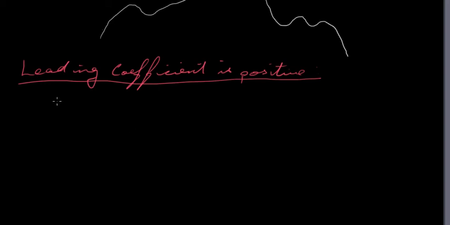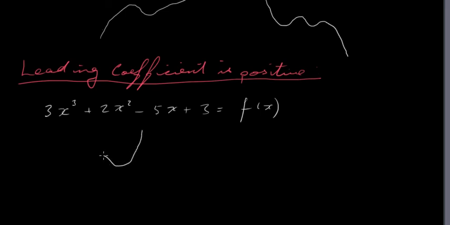So for example, if you've got, let's say, 3x cubed plus 2x squared minus 5x plus 3, that's our function, something like that. We can see here that it has odd degree, which means that one arm will point up and one arm will point down. But our leading coefficient here is positive, so the right arm points up. So that will look something like this. The right arm will point up, and you'll end up going down that way. The right arm will point up, the left arm will point down.